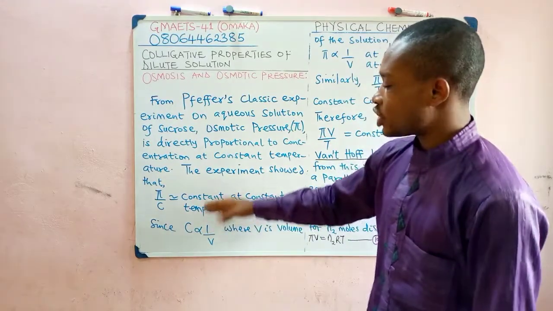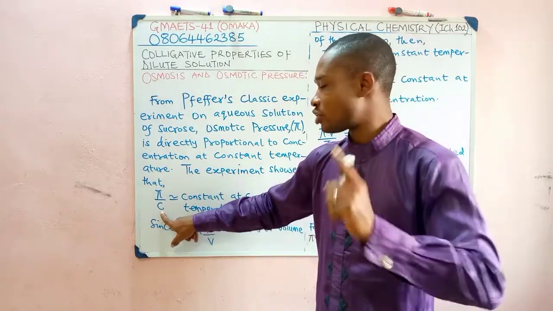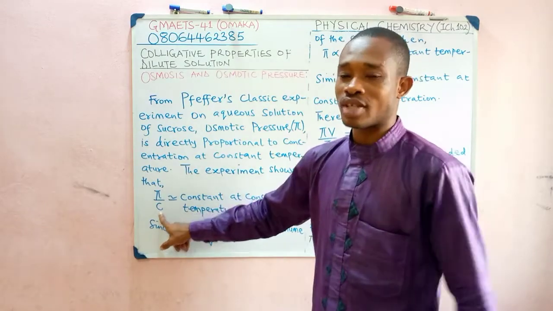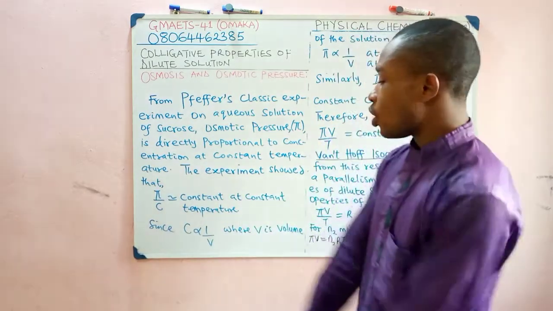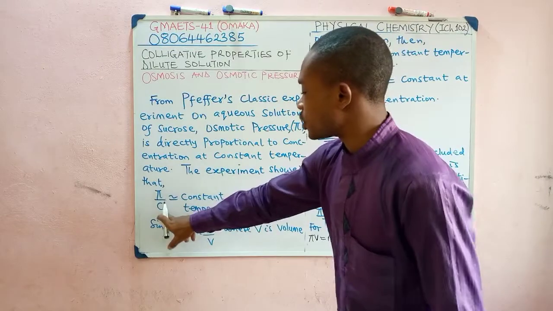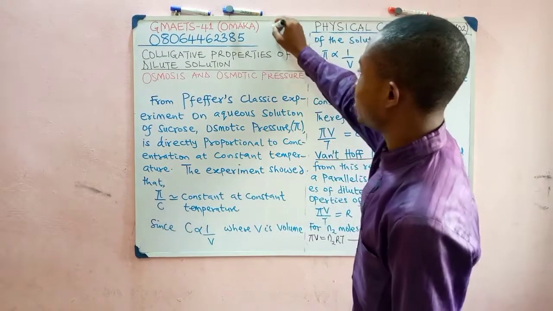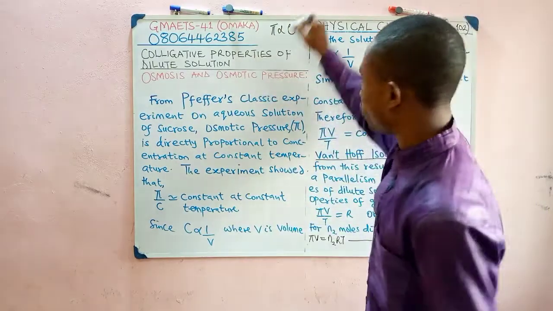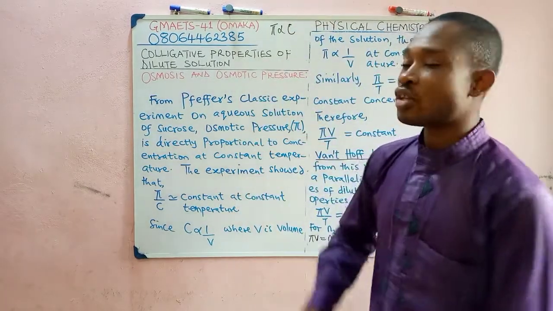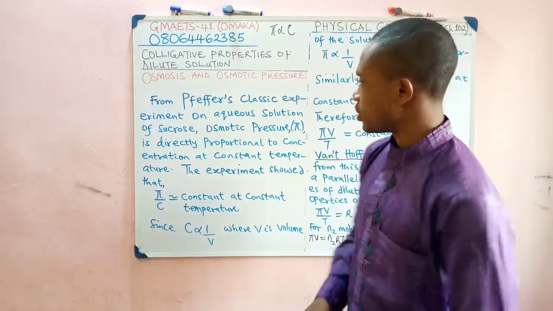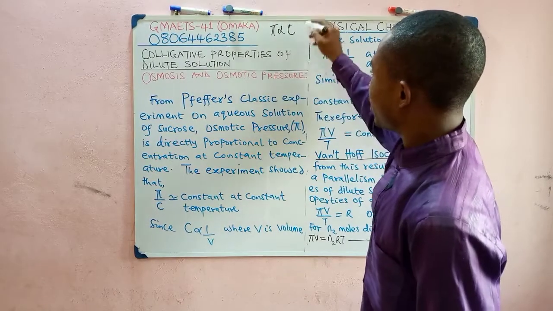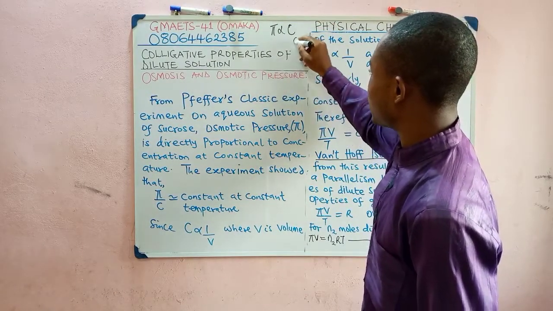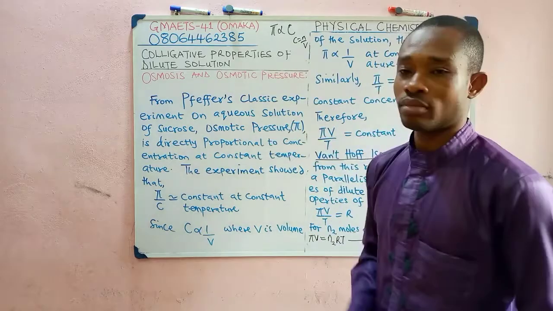So the osmotic pressure will be directly proportional to concentration C at constant temperature. And then we know that if osmotic pressure is directly proportional to C, that is the concentration, we could write it in this form. And now we know that concentration is inversely proportional to volume, is that not so? That is why concentration generally is given as C equal to number of moles over volume.